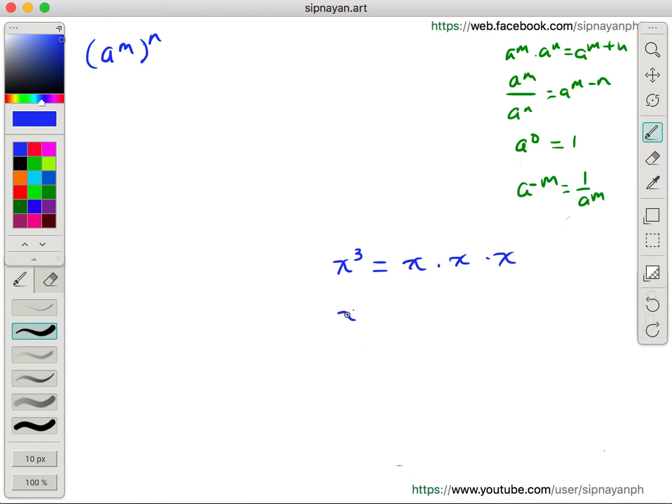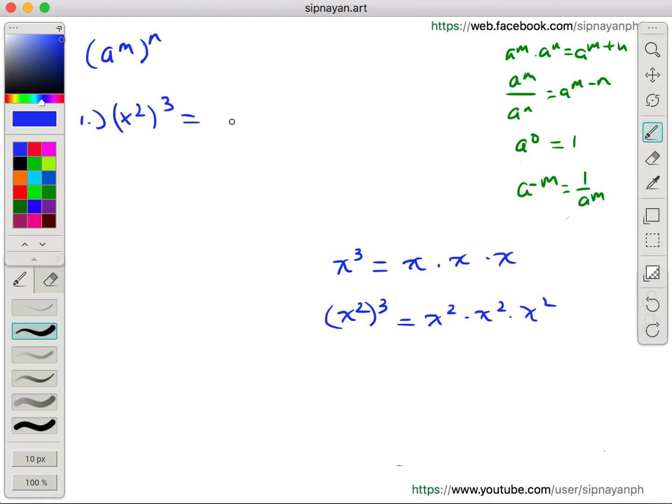Pero paano naman pag x squared cubed? Ibig sabihin nun, tatlong beses o tatlong factors ng x squared. So, x squared times x squared times x squared. Let's take this as our first example.